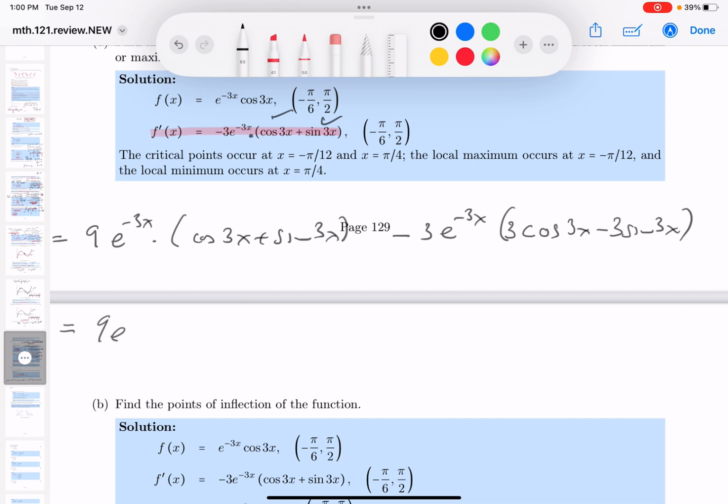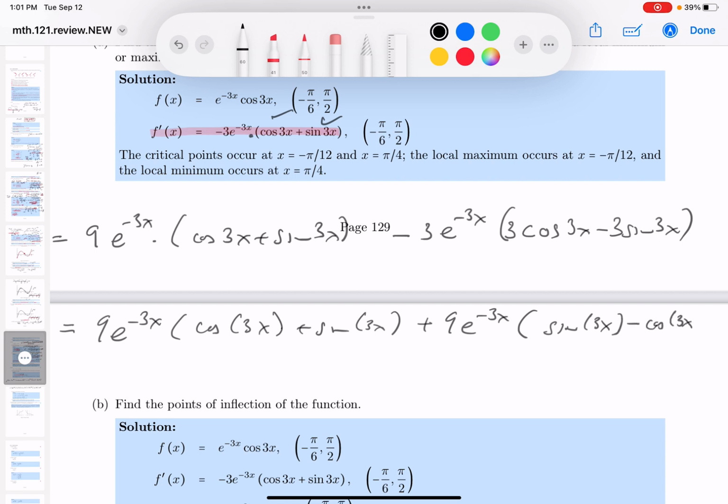I got 9 e to the minus 3x times cosine 3x plus sine 3x. And this is going to be, I'm going to write down plus, and you may wonder what I'm doing, I'm going to factor out a minus 3 now, plus 9 e to the minus 3x. And then you would get, I factored out a minus 3, right? So I'd get sine of 3x minus cosine of 3x.